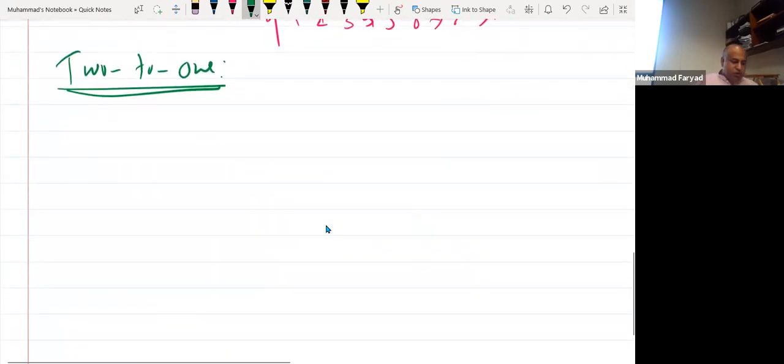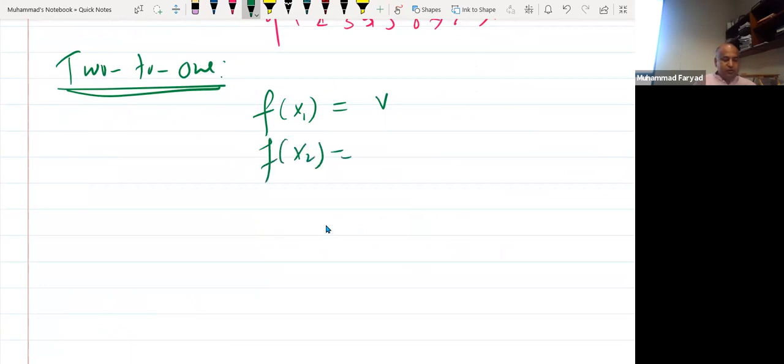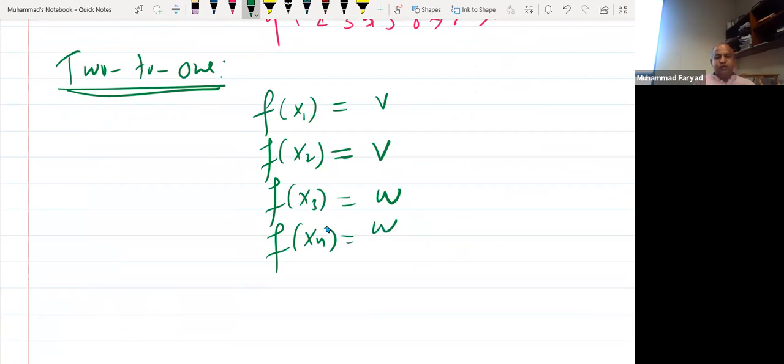So let's now talk about a 2-to-1 function. A 2-to-1 function is this: if we have some input x, let's call it x1, and it maps to some value v, then similarly we can have another input x2 that also maps to the value v. And then there might be another input that maps to some other value w, and there is going to be another input that maps to the same output.